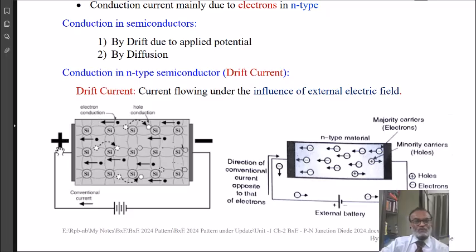When we apply the potential across the specimen as shown, left side end positive and right side end negative, then electrons are drifted towards the positive terminal and holes are drifted towards the negative terminal. Since more electrons are there, the electron current will be more and the hole current will be lesser.